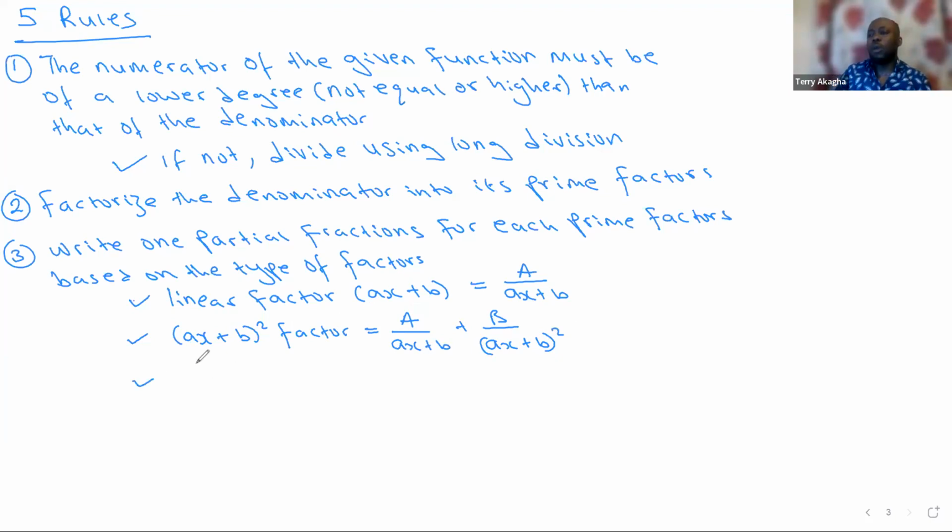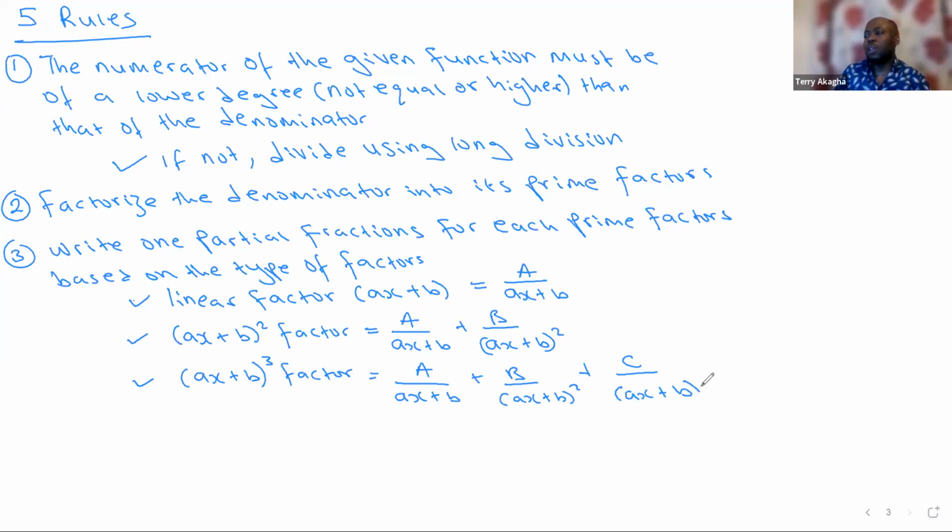Then you also have the (ax + b) cubed factor. It's the same thing, but you have an extra partial fraction: plus B over (ax plus b) squared, plus C over (ax plus b) cubed.